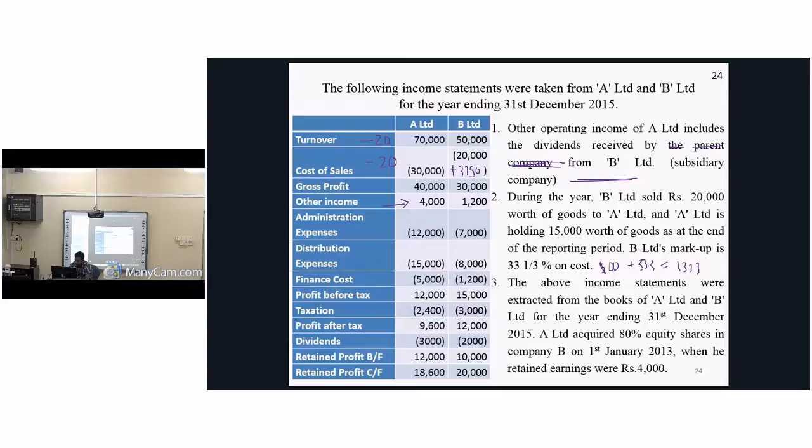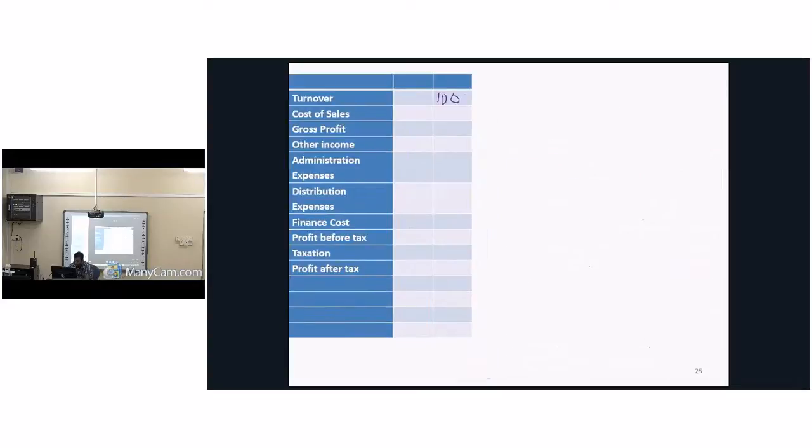It is 33,750. This is cost of sales. Then gross profit will be 66,250.